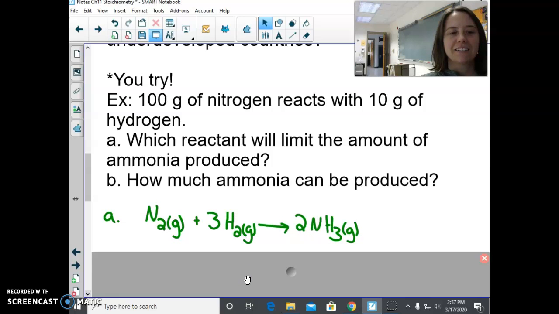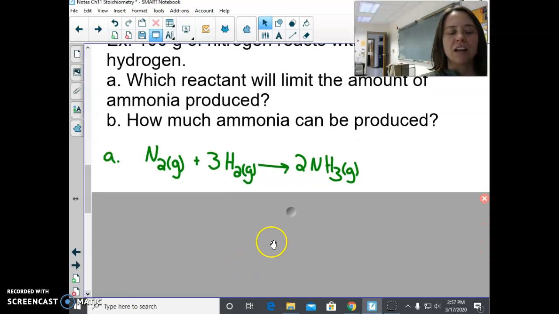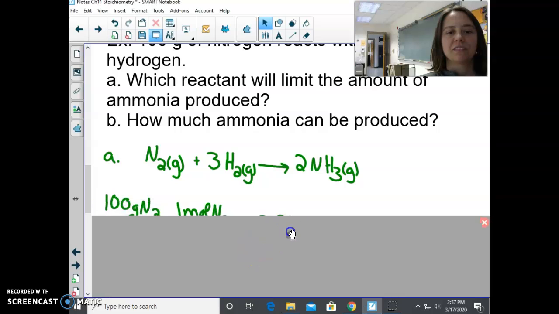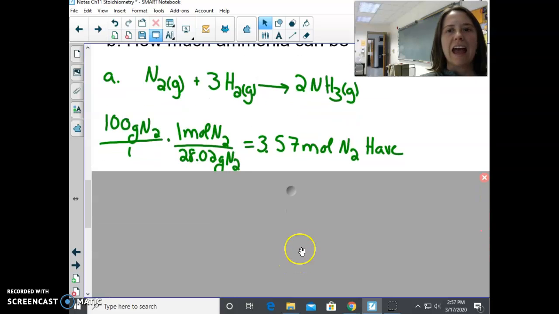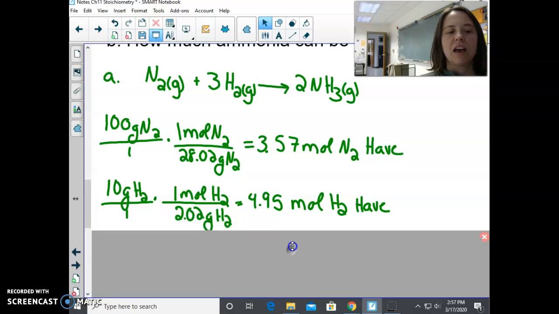Did you get that? And then the next step is to figure out how many moles of each reactant you have. So what did you get for those? Did you get 3.57 moles of nitrogen, which we label as have, and 4.95 moles of hydrogen, which we label as have?